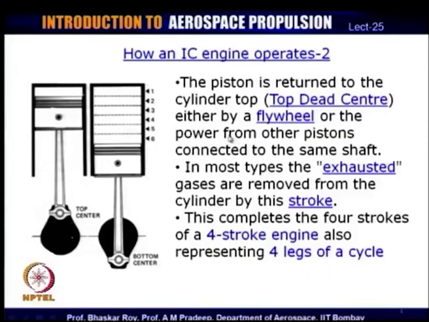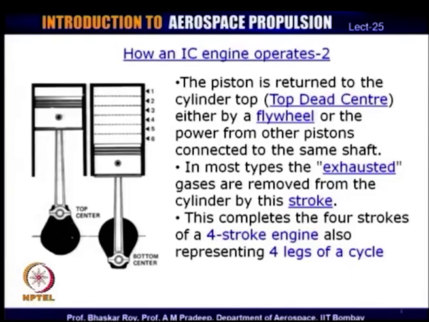This is normally done through what is known as a flywheel, which in the case of aircraft engines is a combination of the crankshaft, the propeller and the rest of the things. Once the power stroke is delivered, this entire flywheel motion, that is the propeller and crankshaft, starts moving. That means their rotary motion is initiated.